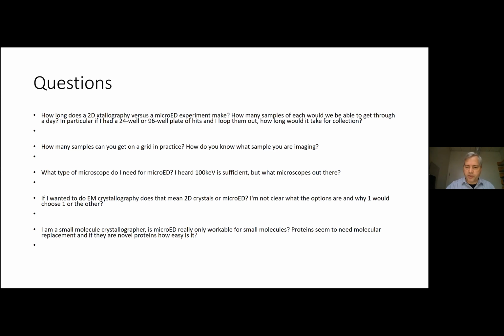Proteins are too big, but peptides and small molecules are not, and basically the high resolution structures that have been solved of them have been done de novo. So how easy is it? I think it depends on the quality of the data. As long as it's diffracting well, it's easy. If it's not diffracting well, it's not easy.